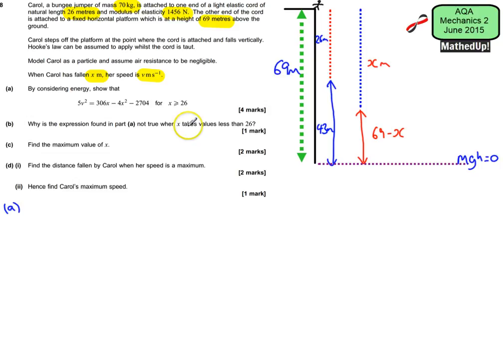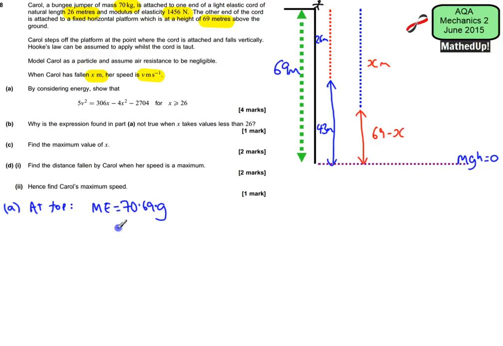At the top, my total mechanical energy is mgh, with a height of 69 and mass of 70, so 70 times 69 times g, plus kinetic energy, which is 0, and elastic potential energy, which is also 0.